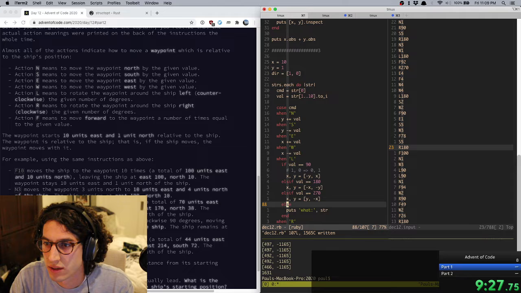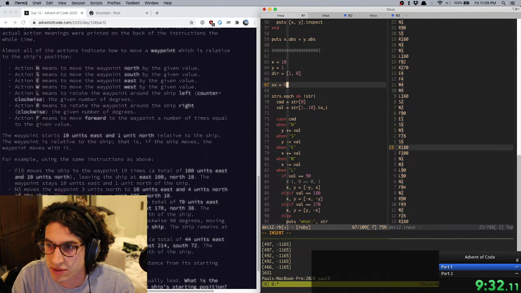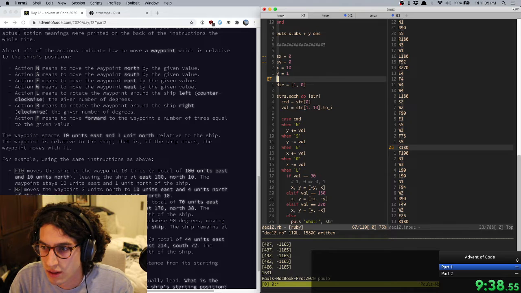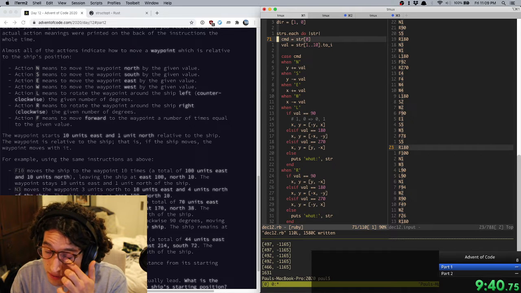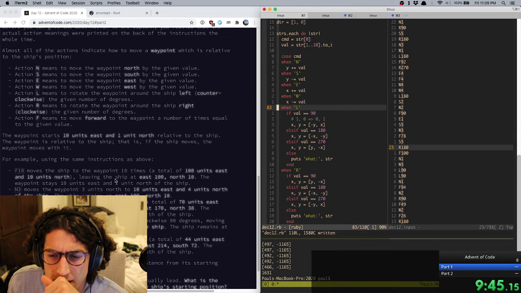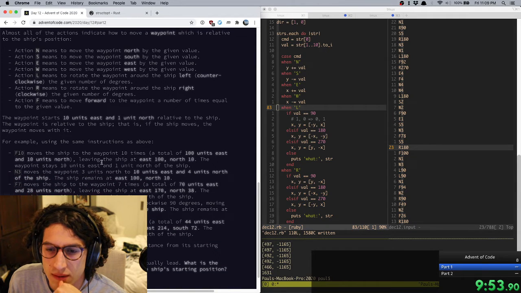Okay. sx equals 0, sy equals 0. It moves the ship to the waypoint 10 times.